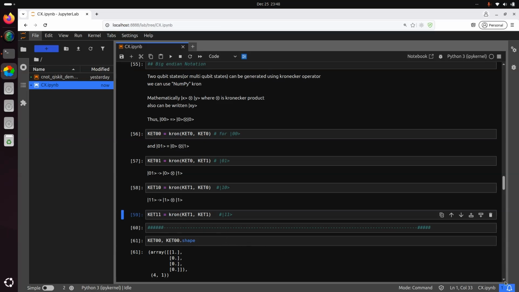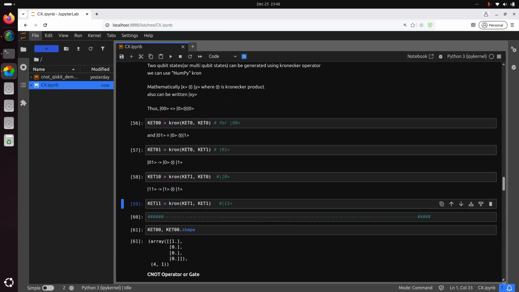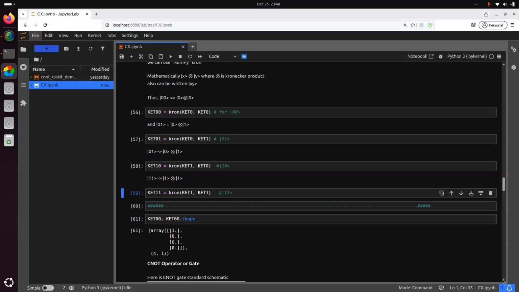And the Kronecker product of two matrices having dimension 2 cross 1 yields 4 cross 1. So here is the proof. When we check the dimension of ket 0 1 or whatever, the dimension is 4 cross 1.